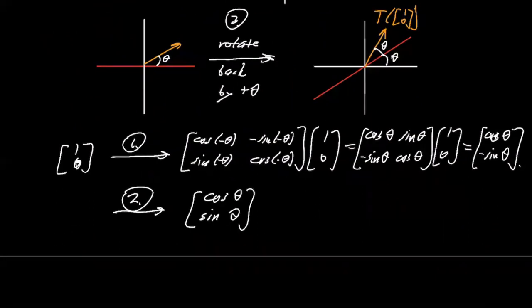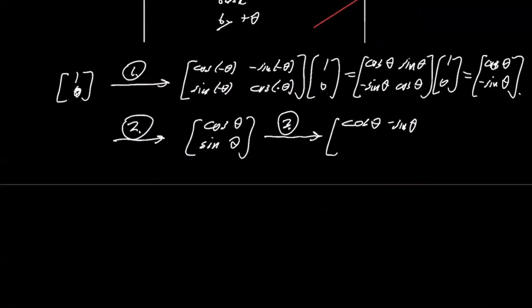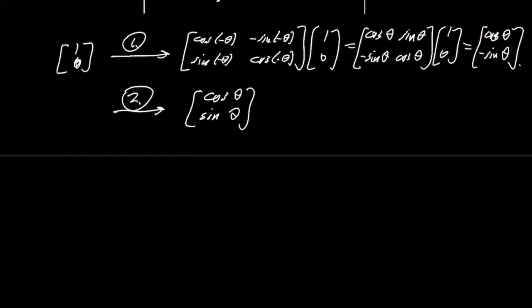And then we rotate back. Now this is going to look kind of weird, but if we do step 3, we're going to multiply by the rotation matrix. This is the one step that's a little more complicated. So we're going to take cos theta, minus sine theta. Oh, you know what? I'm going to run out of room if I do it like that. So let me do it below. So step 2 wasn't hard.